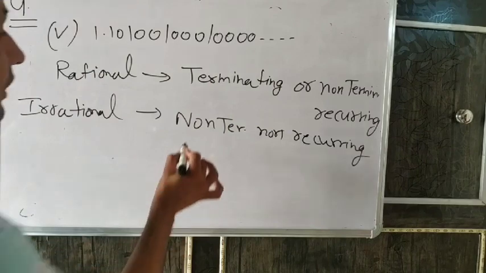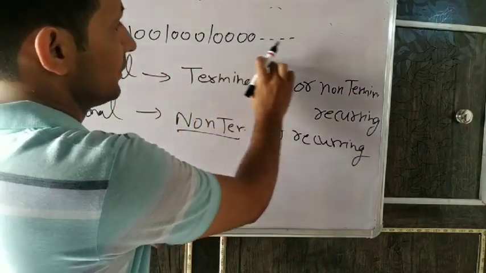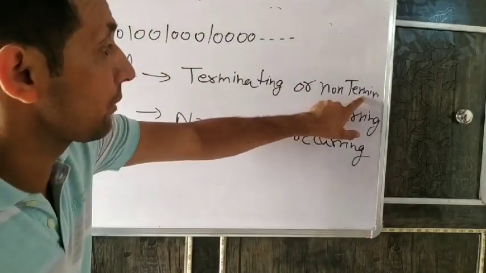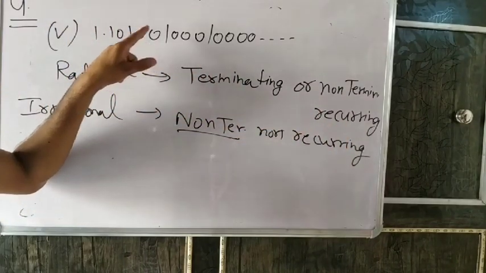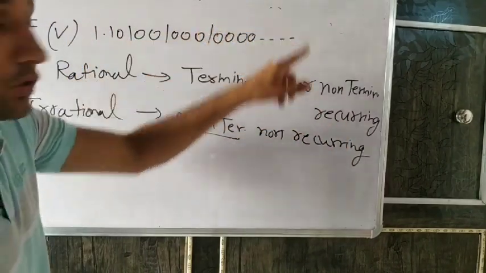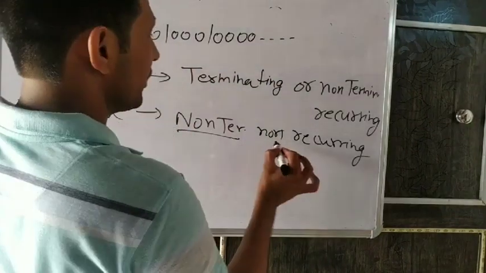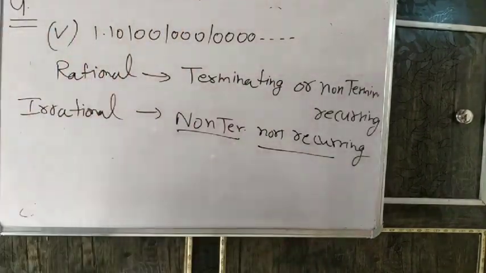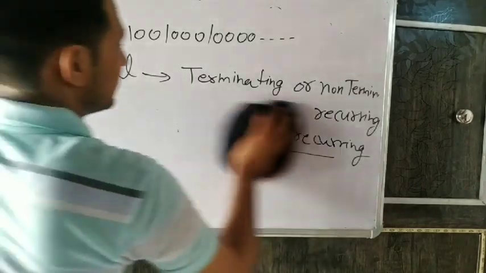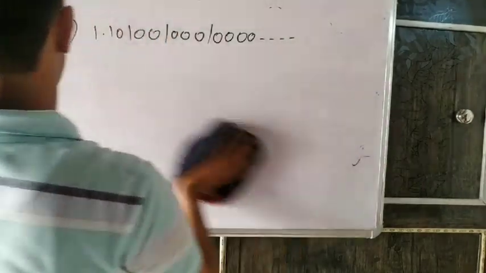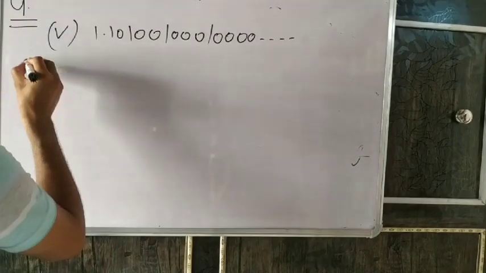Look, non-terminating means never ending. But here also it is non-terminating, but it is recurring. In the number 101 001 0001 and so on, it is non-terminating, non-repeating. So what type of number is this?